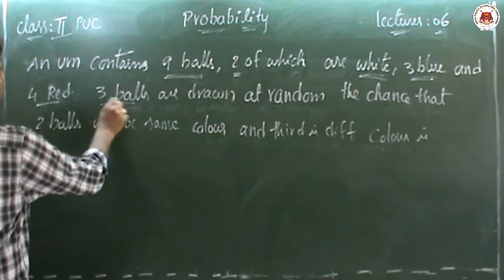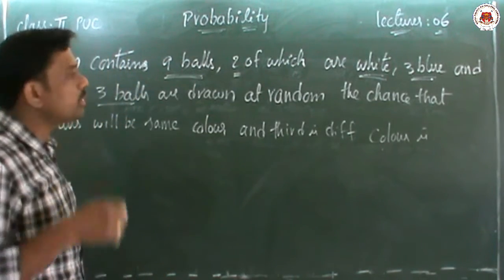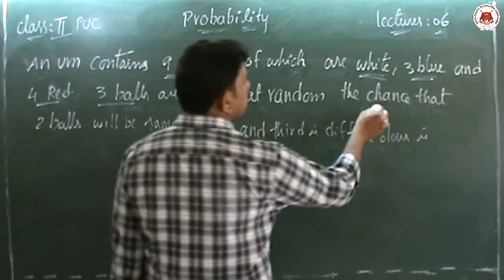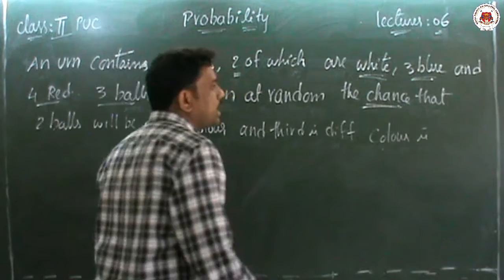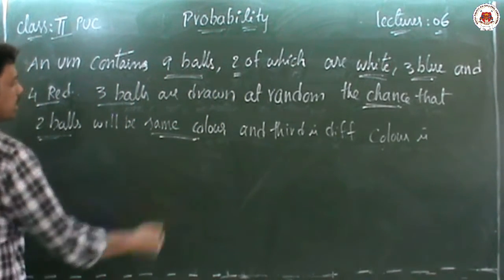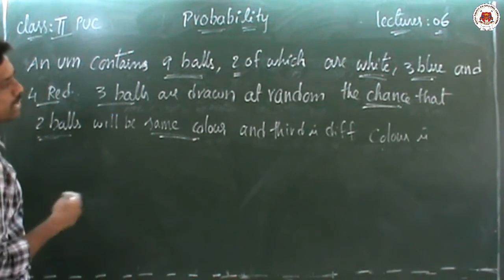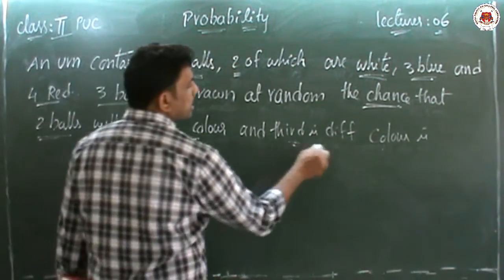He took 3 balls drawn at random, and he is asking the chance, which is nothing but probability, that 2 balls will be the same color. Means out of these 3 balls, 2 balls we need the same color and the third one a different color.